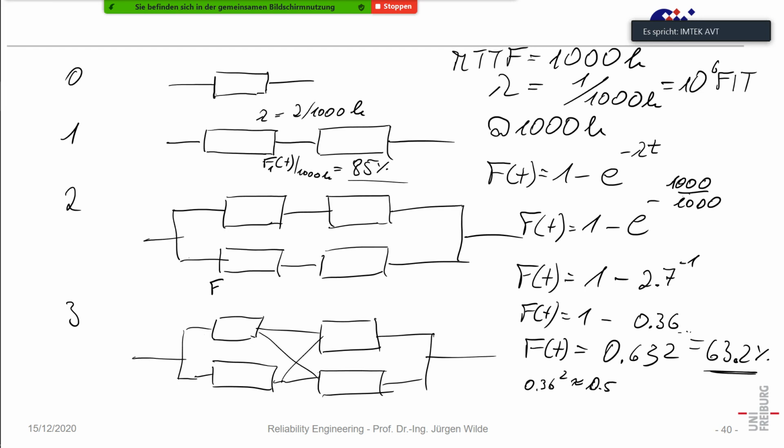So here you could say f1, f2 of 1,000 is 0.85 times 0.85. And that here is, yeah, let's say roughly 0.7 or such a thing.